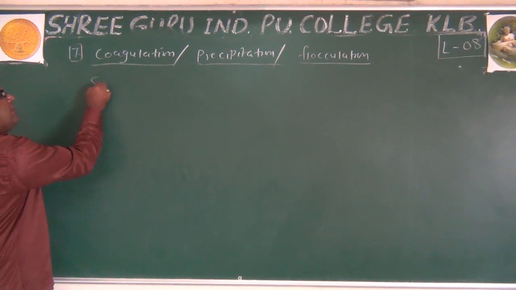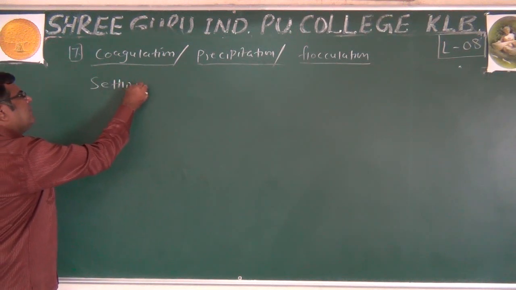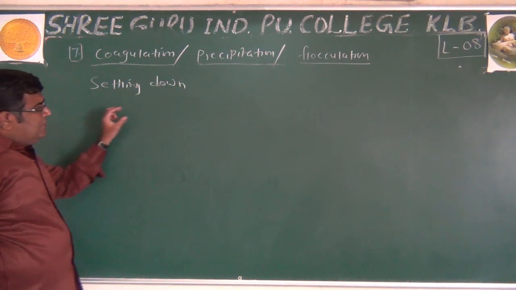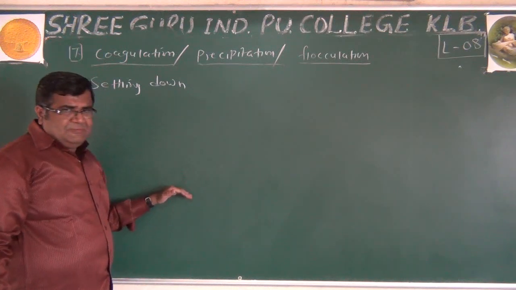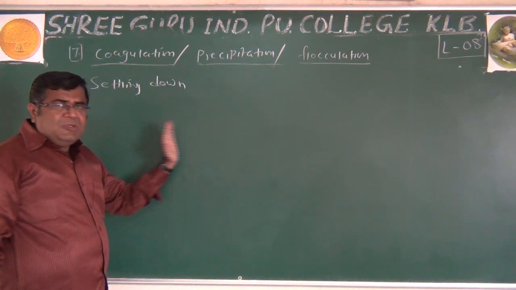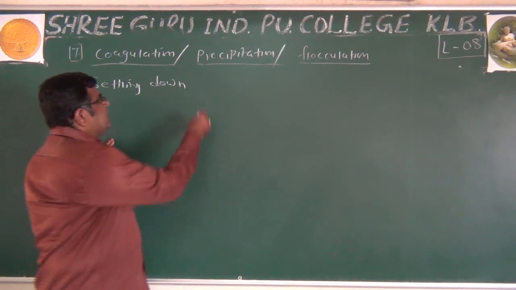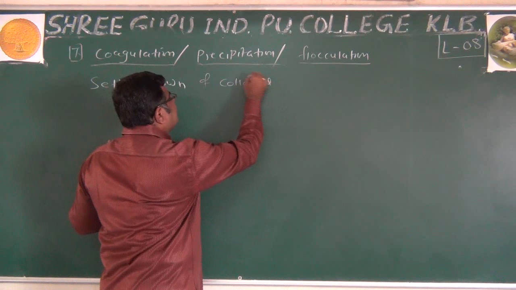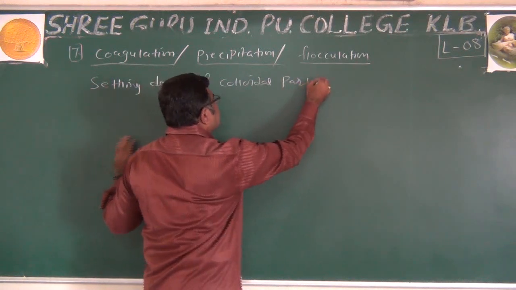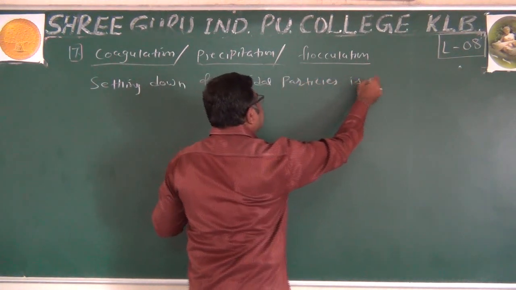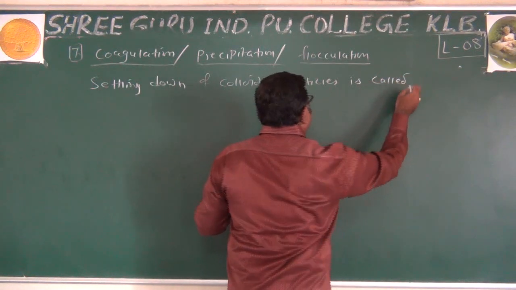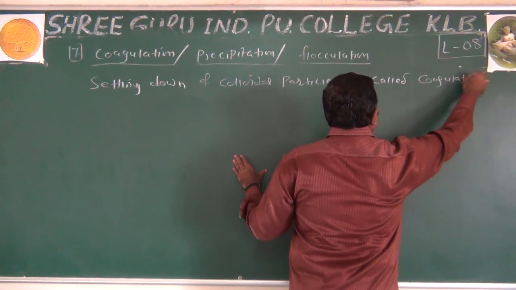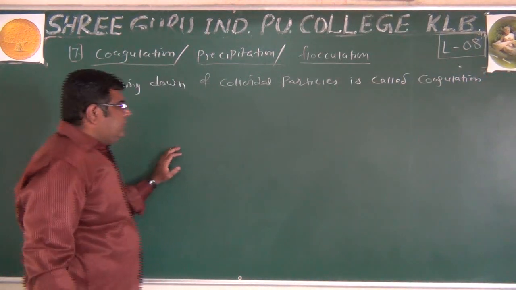Now what is coagulation? We can say the dispersed particle settles down, meaning we are moving from colloid to suspension. Settling down of colloidal particles is called coagulation.